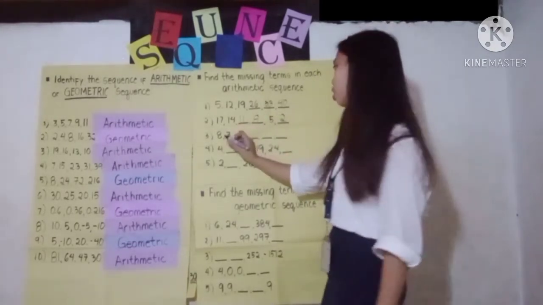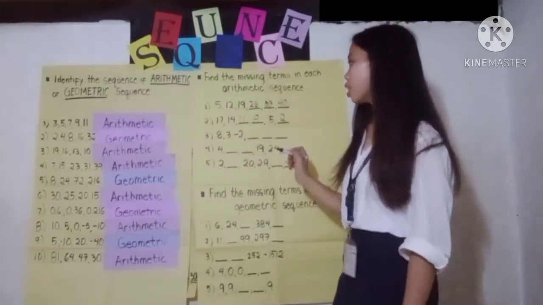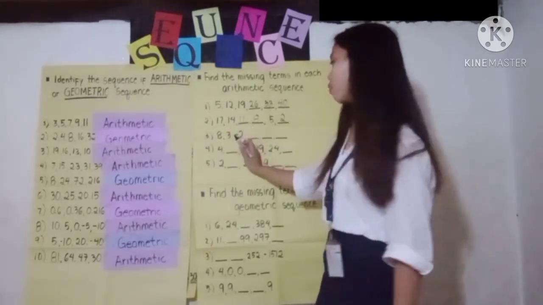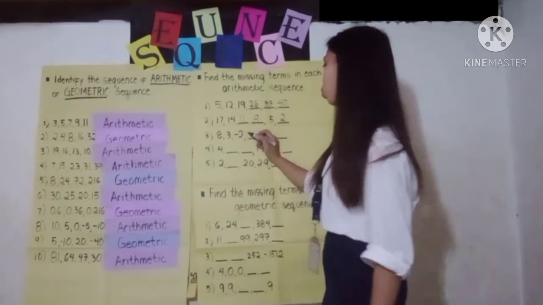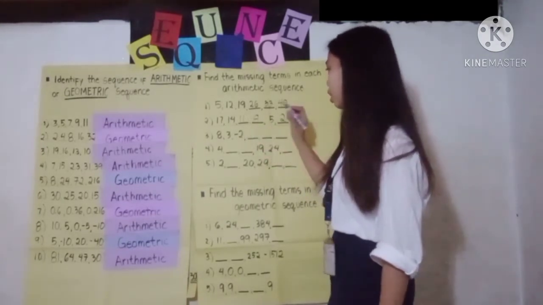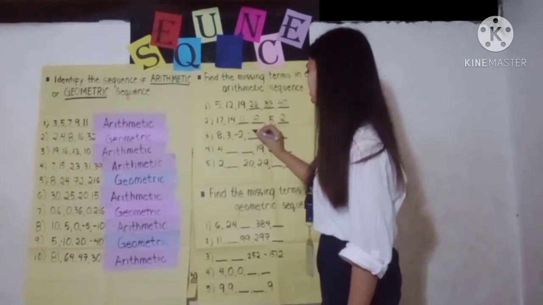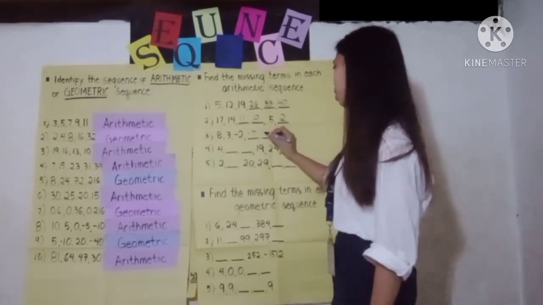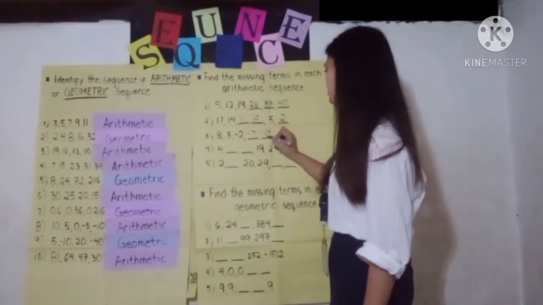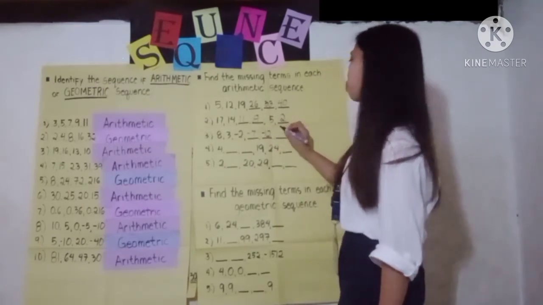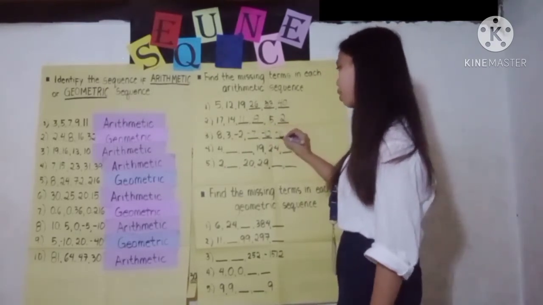And number 3, 8 and 3, the difference is 5. So negative 2 minus 5 is negative 7. Minus 5 is negative 12. And minus 5 is negative 17.